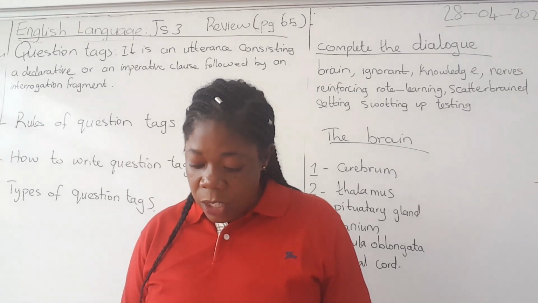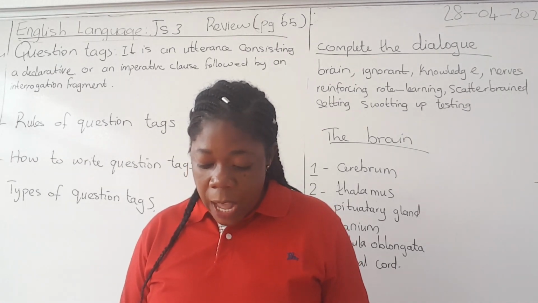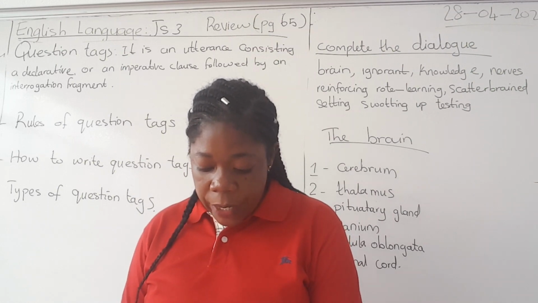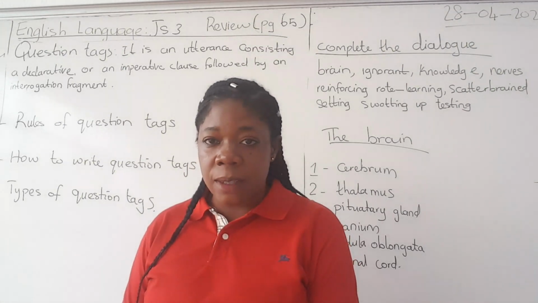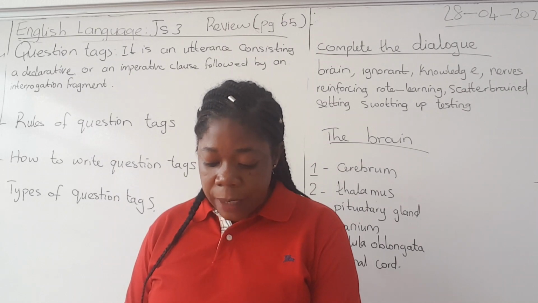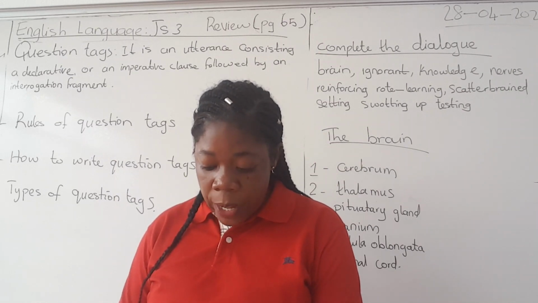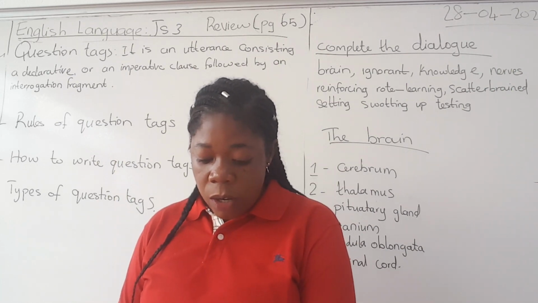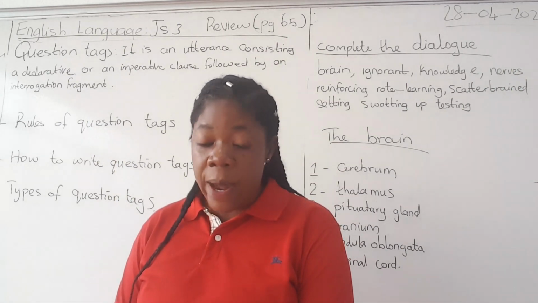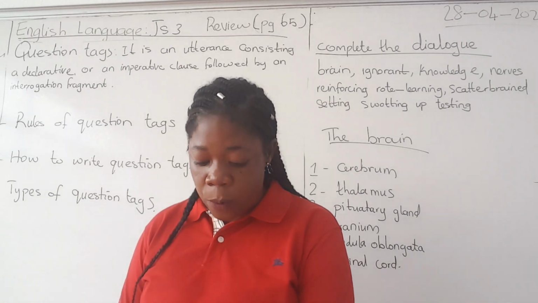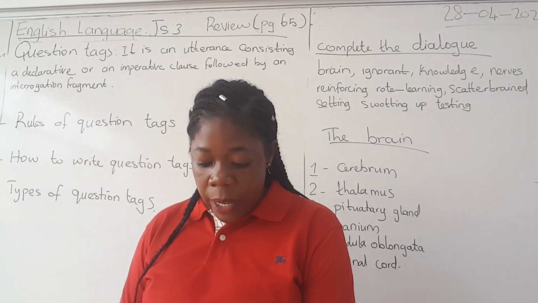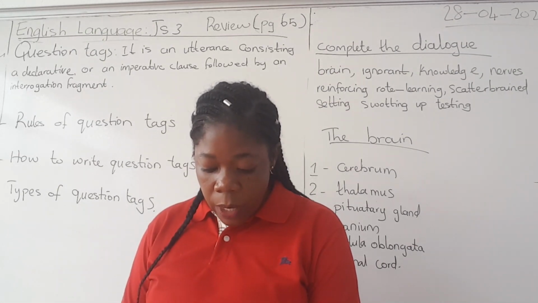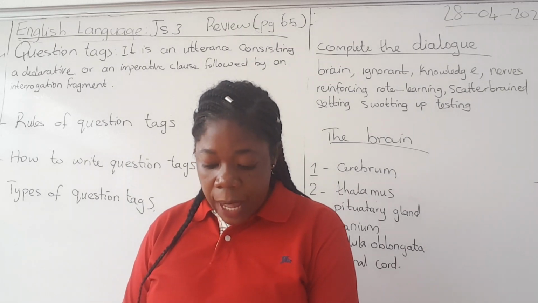I can't concentrate anymore. I've started to become very scattered brained. Scattered brained, that's the answer for number 2. The answer for number 1 is nerves. And number 2, the answer is scattered brain.